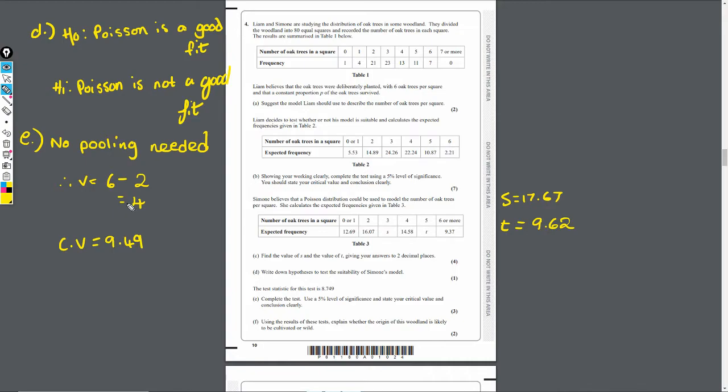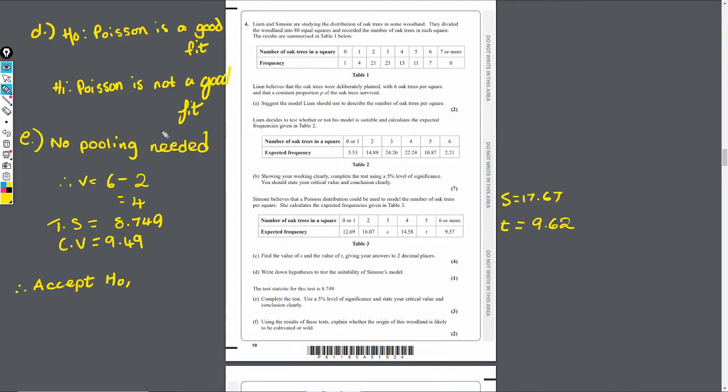So this time, my test statistic is smaller because it's 8.749. Because it's smaller, we have to accept here. So therefore, I accept H0.